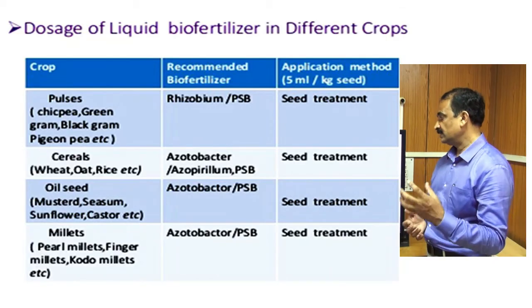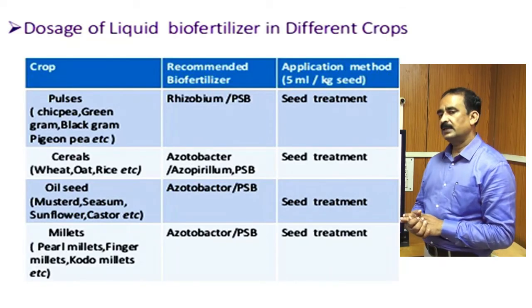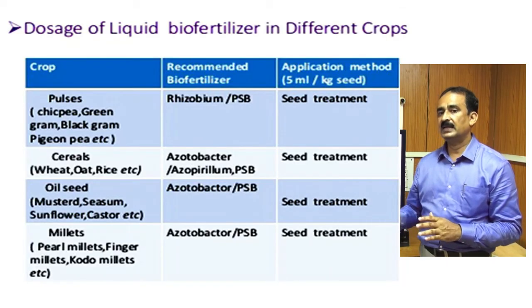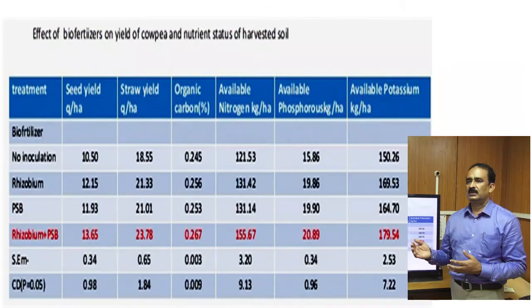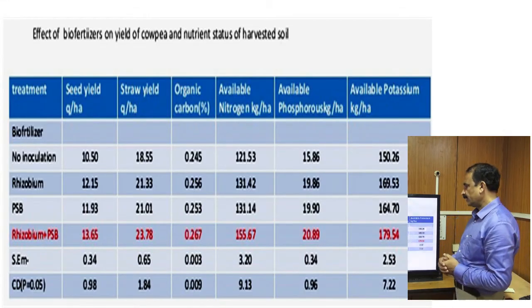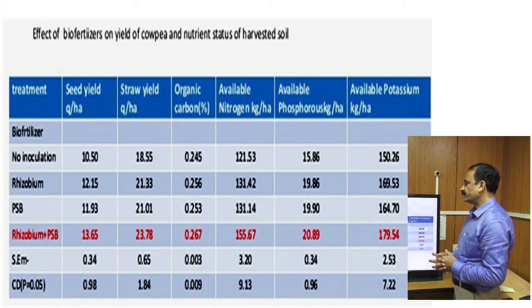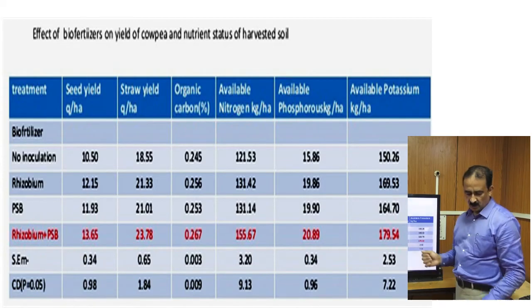So the increment is about 30-35%, whereas we are claiming 10 to 14%. On average, it gives about 20 to 35% in the farmer's field. So these are the responses of the biofertilizer in cowpea.